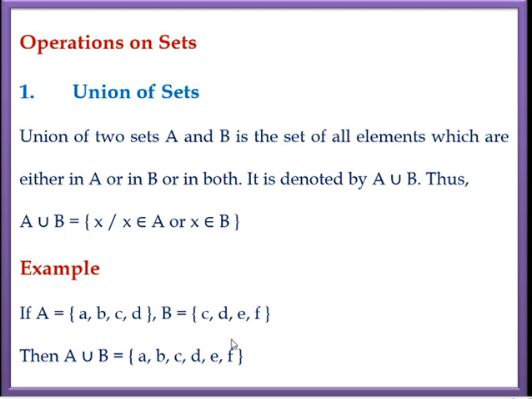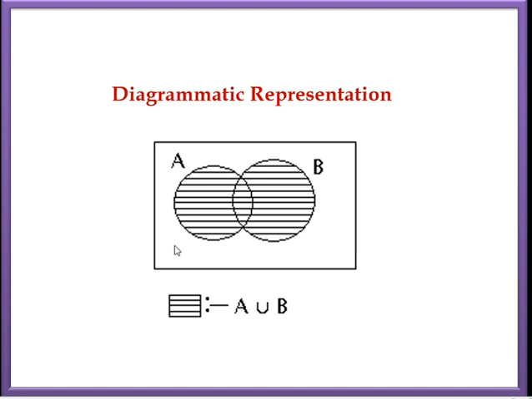Two extra elements E and F are there. So what is A union B? It is the set {a, b, c, d, e, f}. Now this is the diagrammatic representation of A union B. The shaded region represents the union of two sets A and B.